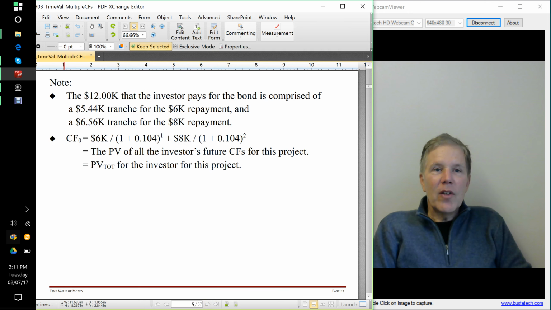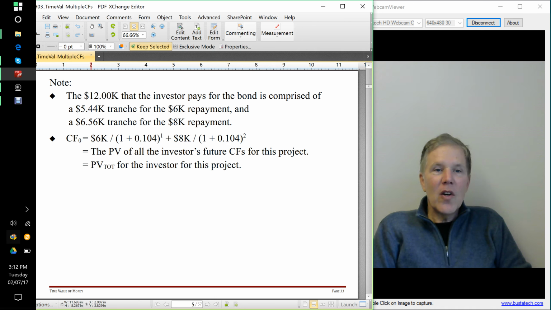A couple things to note about this. First of all, this 12,000 the investor is paying for the bond is comprised of the 5.44 thousand tranche for the 6K, and the 6.56 thousand tranche for the 8K repayment. So CF0, another way to think of it, is the present value of all the investor's cash flows for this project.